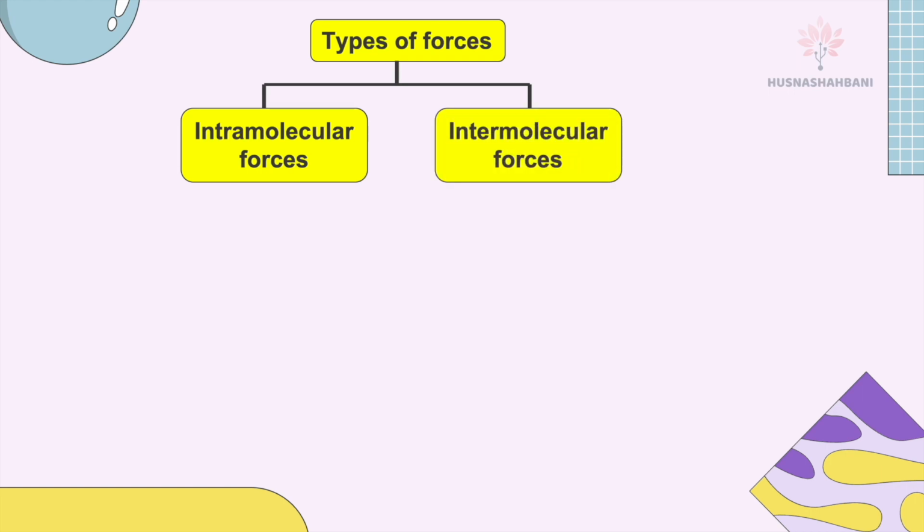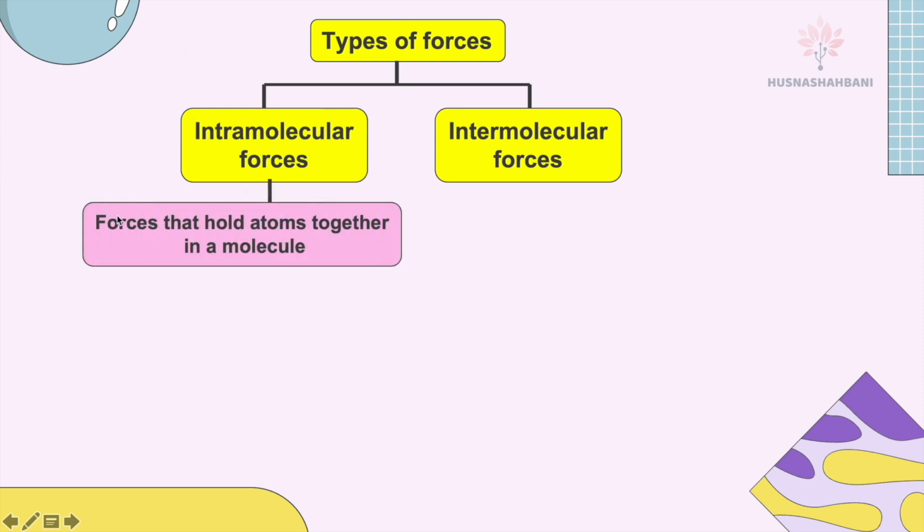There are two types of forces, intramolecular forces and intermolecular forces. In this subtopic, we are going to focus on intermolecular forces only, but I'm going to explain the general types of forces. Intramolecular forces are forces that hold atoms together in a molecule.